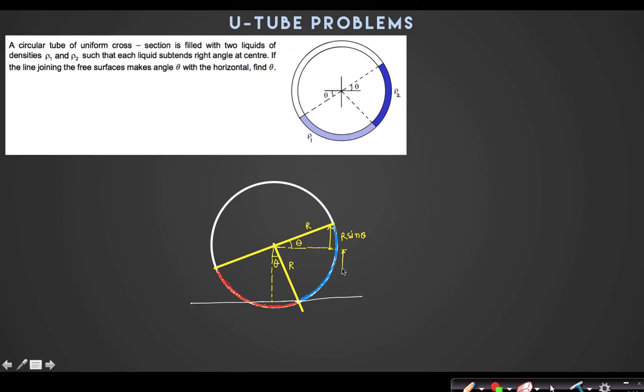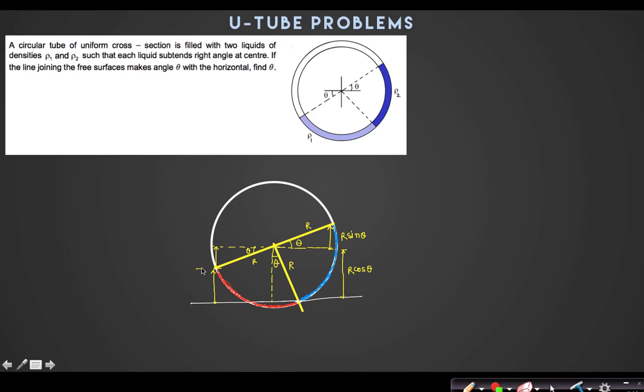From here to here, it is r cos theta. For this height, I know if I draw a perpendicular again from here to here, then this is r, this is theta. So this is r sin theta, and this entire length is r cos theta.